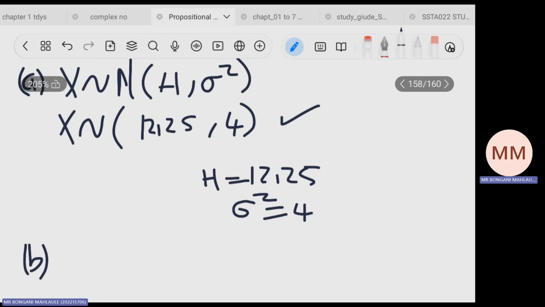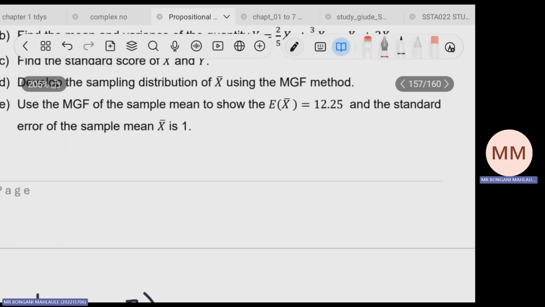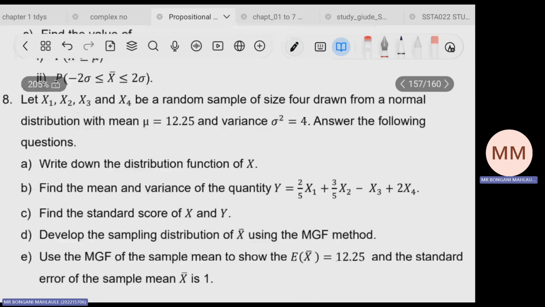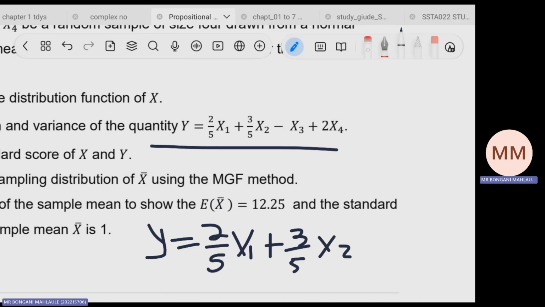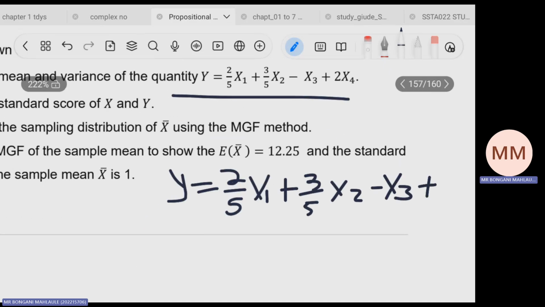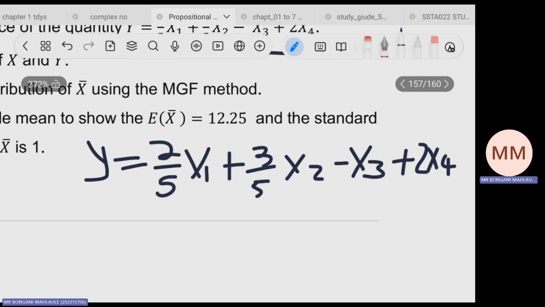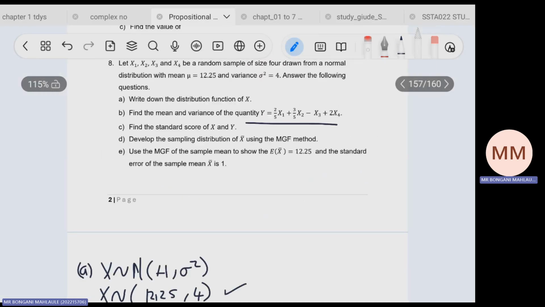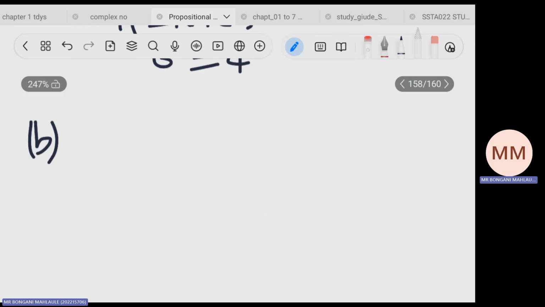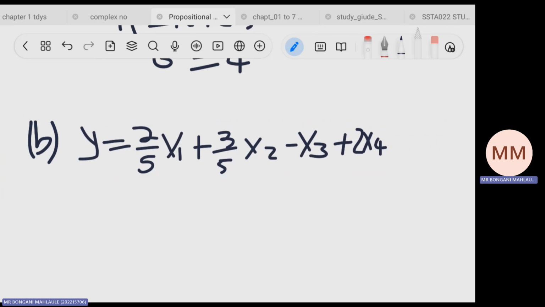Then letter B, they say find the mean and the variance of this. So I want to find the mean and the variance.